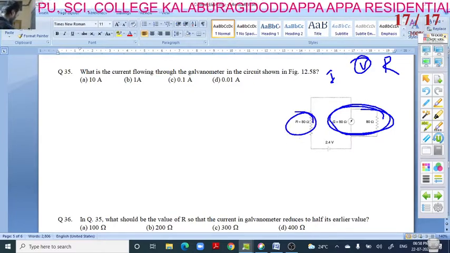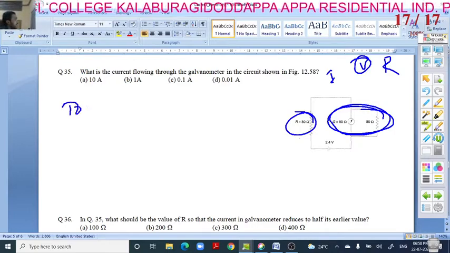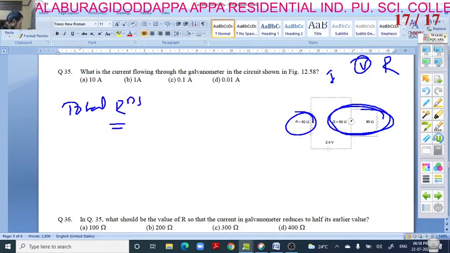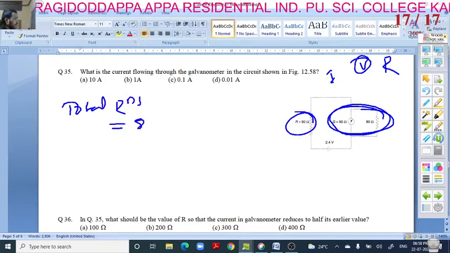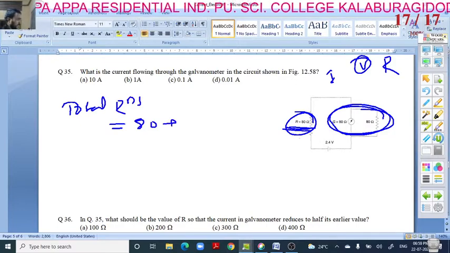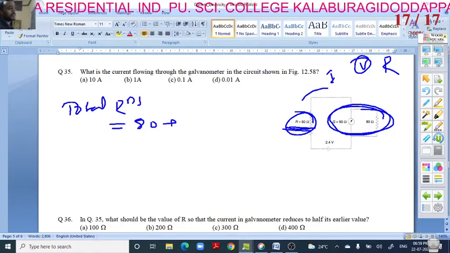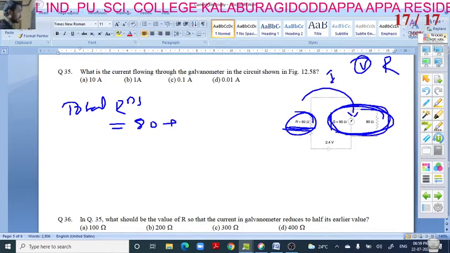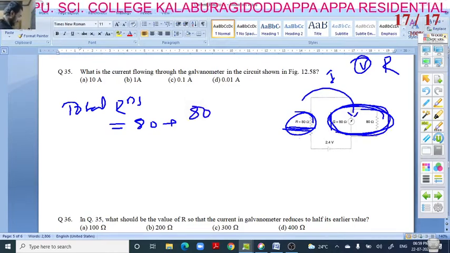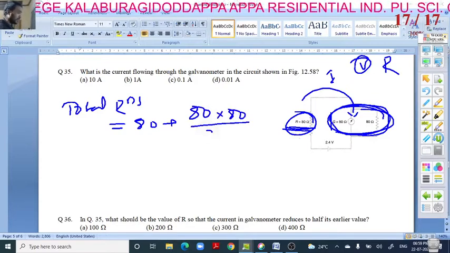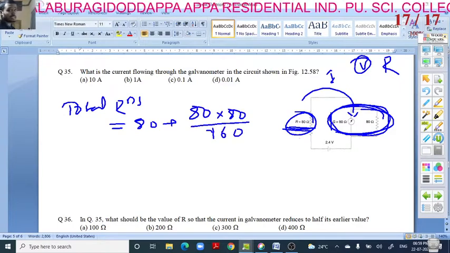So the total resistance is equal to 80 in series with this parallel combination. So the parallel formula I will write: 80 into 80 divided by 80 plus 80, that is 160. Reciprocal I have taken already.